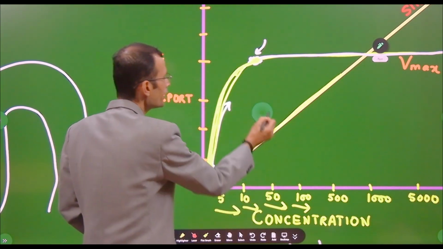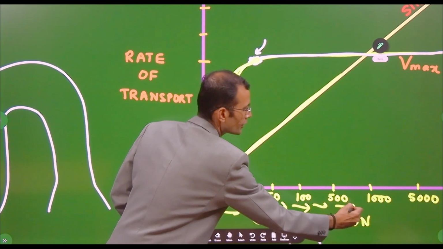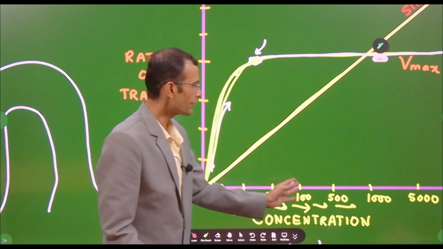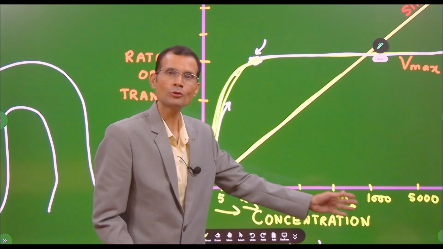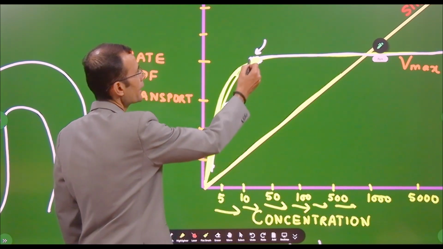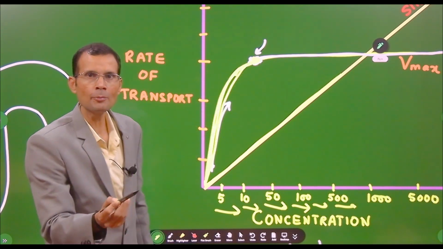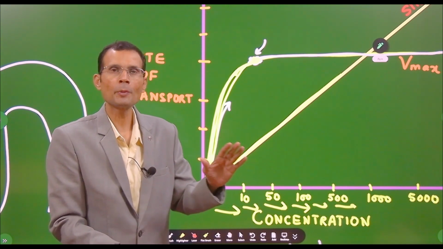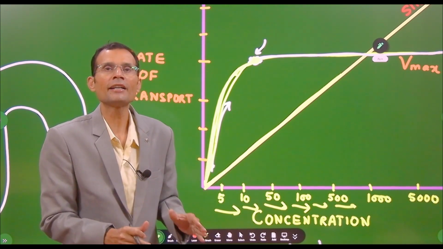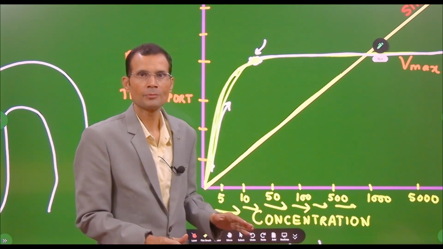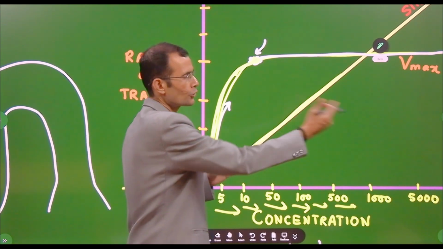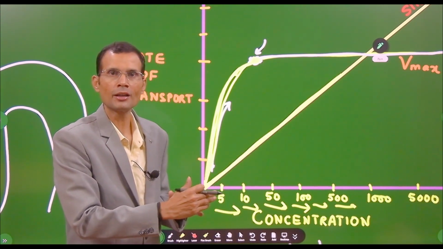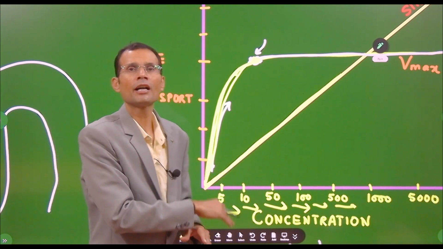So even if you increase the concentration further, make it 100 or 500 or 1000 on one side, but the rate of transport will be the same as that was achieved for 50, because those many are the limited binding sites on the carrier. So even if the concentration on one side is 100 or 500, it will carry only 50 at a time.